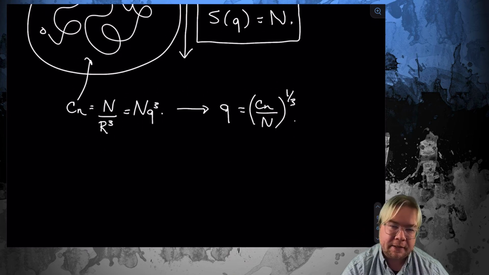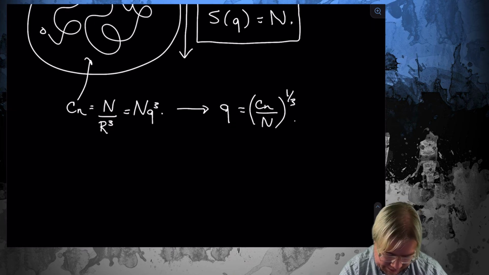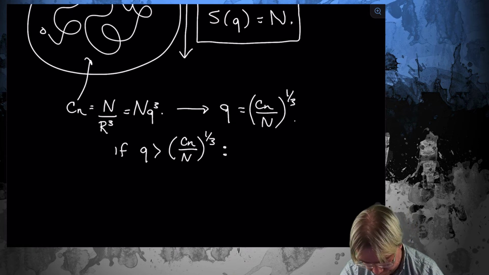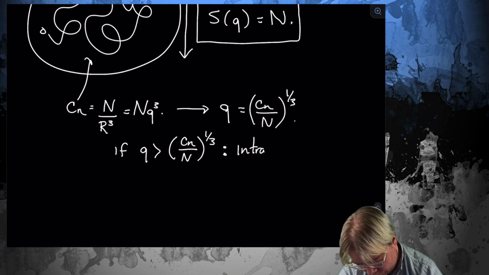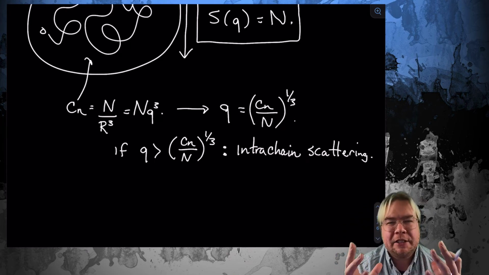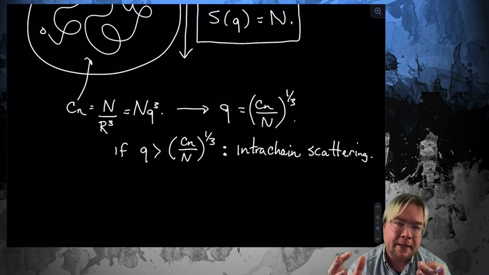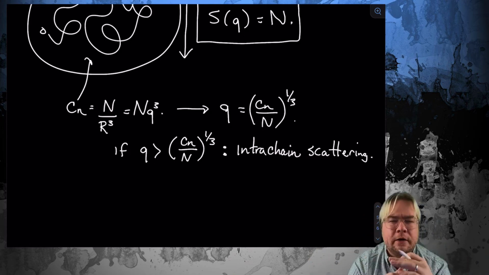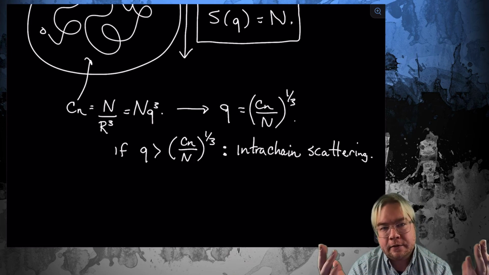So what I can say is that if Q is greater than Cn divided by N to the 1/3, we see intrachain scattering. In other words, the intensity that I'm measuring experimentally is going to be due to correlations of the positions of the monomers with respect to each other inside of the chain.